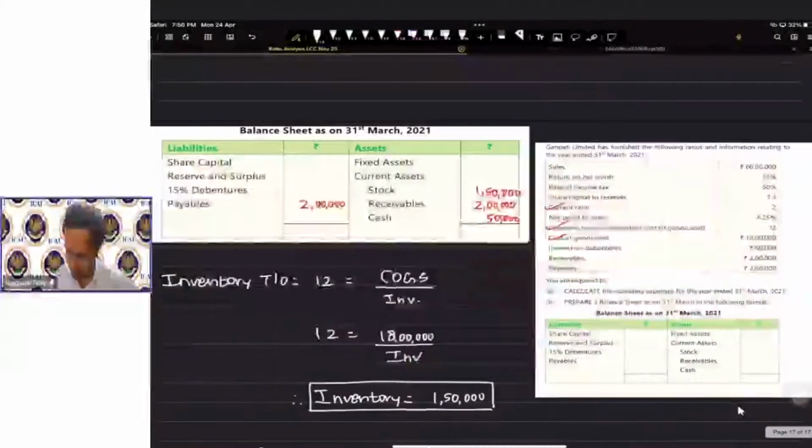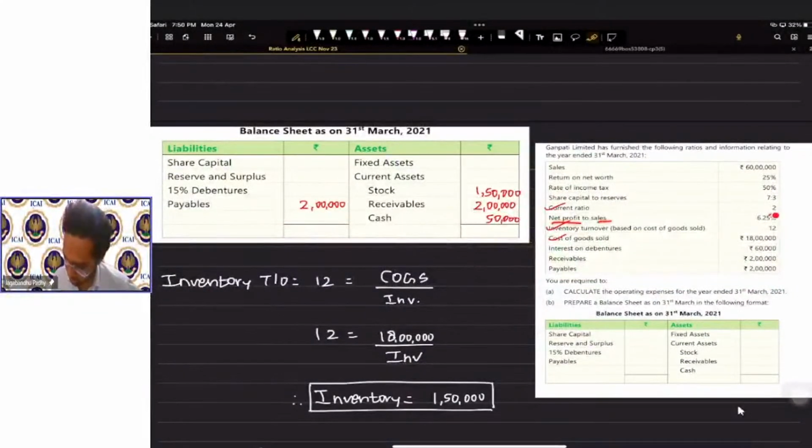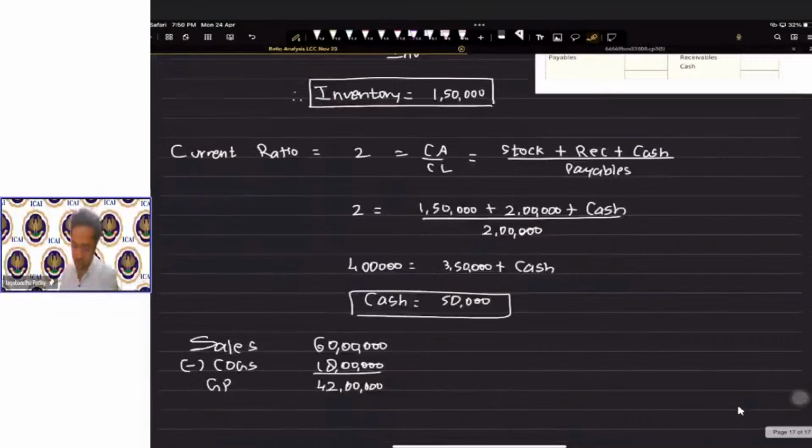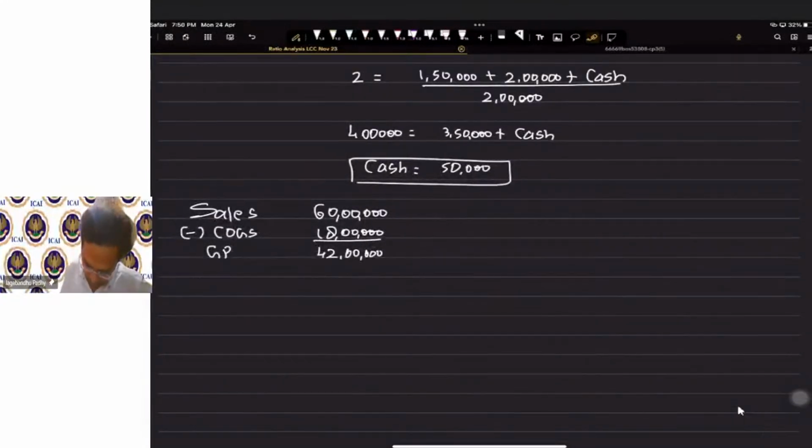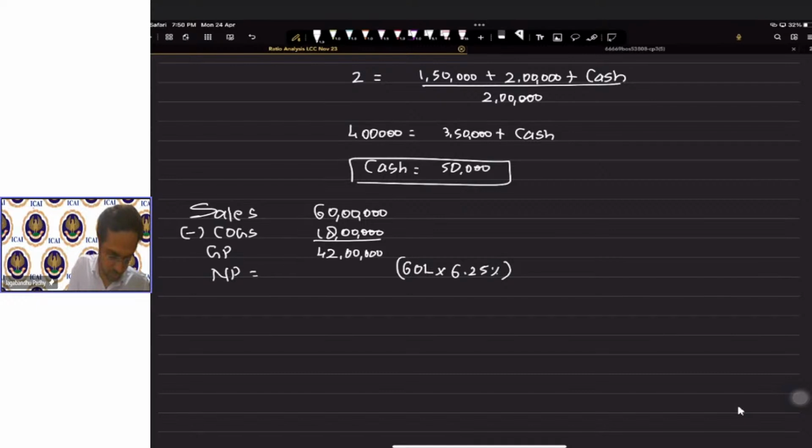The question says that the net profit to sales ratio is 6.25%. So net profit is equal to 60 lakh into 6.25%. 60 into 6.25% is like 3,75,000.